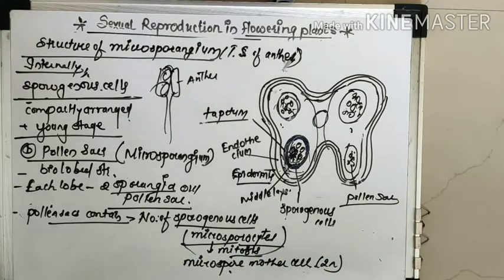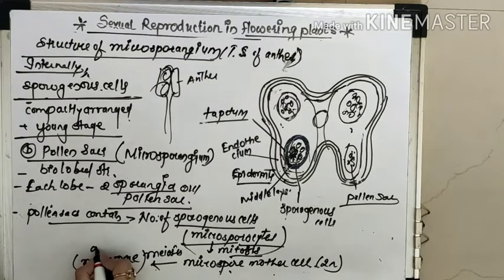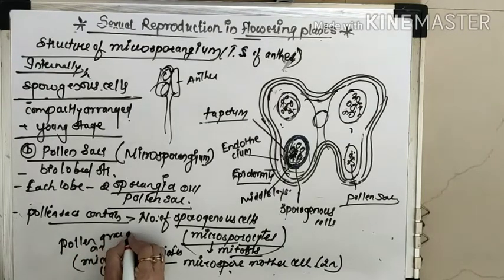After meiosis, the microspore mother cells form 4 haploid microspores, and a haploid microspore is nothing but a pollen grain. Understood?